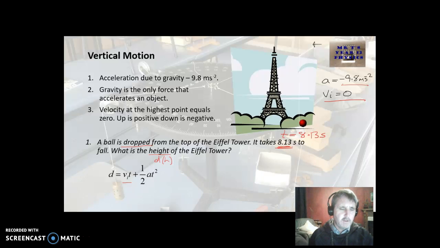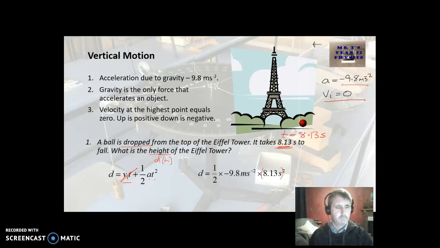So in essence, if I ever have a term that is multiplied by 0 or has a 0 in it, I can remove it from my equation. So I removed that from the equation, and then I substituted my two values, my acceleration and my time, just like this. So I've put in my acceleration as negative 9.8, and my time is squared. So 8.13 squared times negative 9.8 times a half.